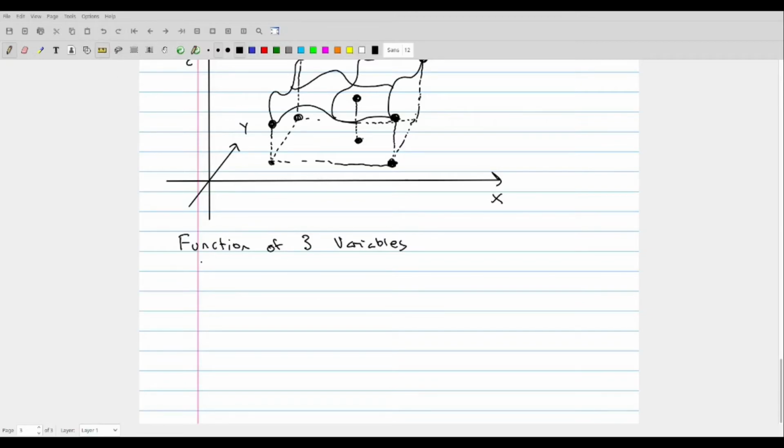It means that if we try to graph a function of 3 variables, this graph is going to live in 4-dimensional space, so what you need is a fourth axis. And the problem with visualization of a function of 3 variables is that we don't live in 4D, so we're not able to visualize this.